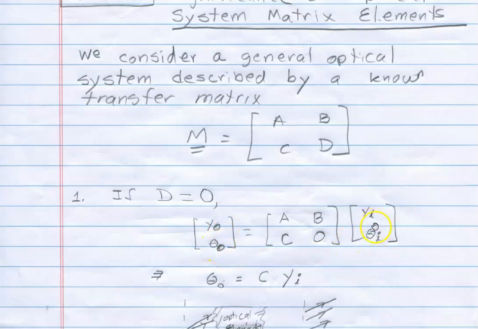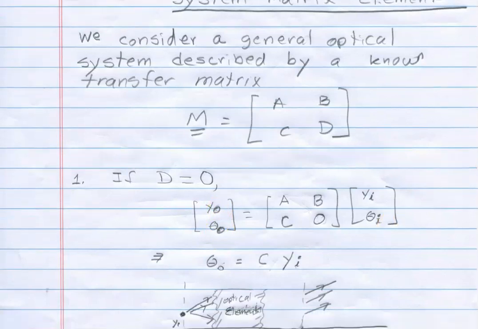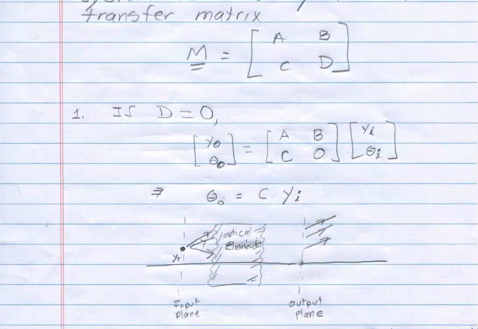I'll use yi and theta i for the input values of the system of rays, and then y0 and theta 0 for the output. What we have is something like this. We probably have an optical instrument of some sort in here, and then usually we would put our input plane some point in front of it, and our output plane somewhere in the back.